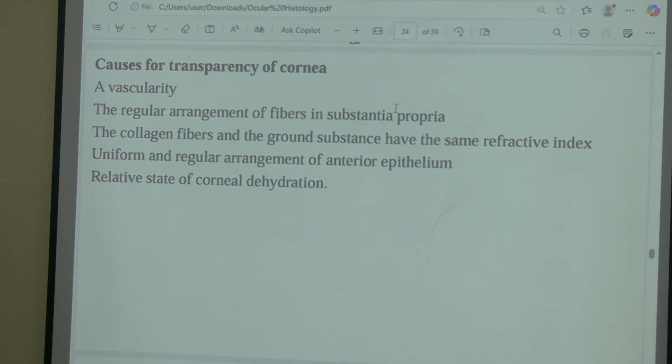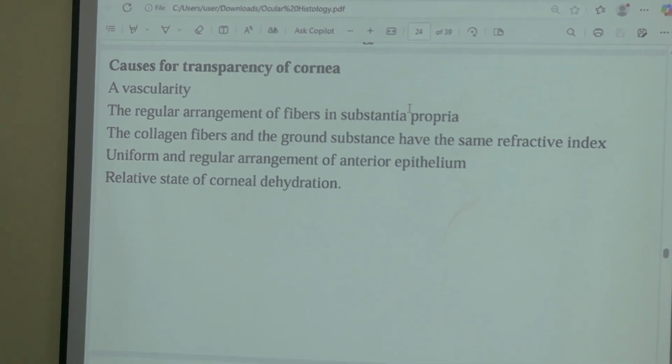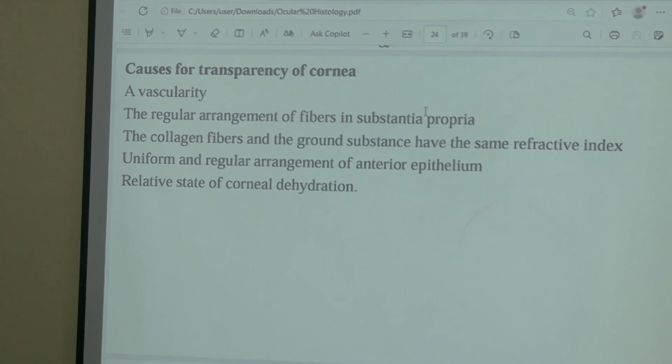The ground substance of hyaline cartilage is also transparent in nature. Why? Because of the same refractive index of fibers and the ground substance. Okay? And next you can see the uniform arrangement of the anterior epithelium and the relative state of corneal dehydration, which is done by the corneal endothelium, which pumps out the water. These are some causes of the transparency of the cornea.